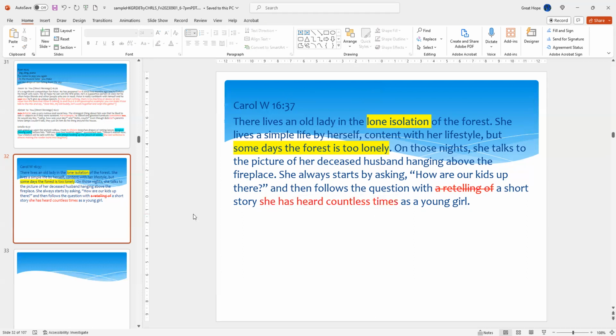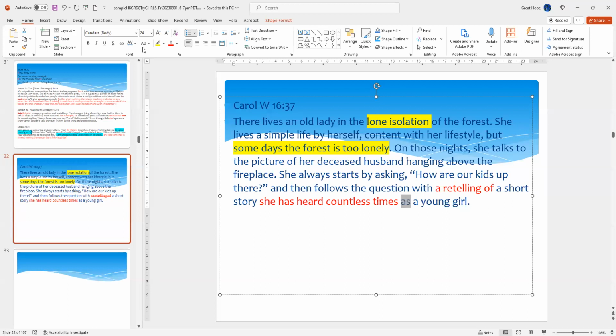Yeah. So a short story she has heard countless times. Instead of "as," we better say "from a young"... okay, so "since being a young girl," so that will make it.